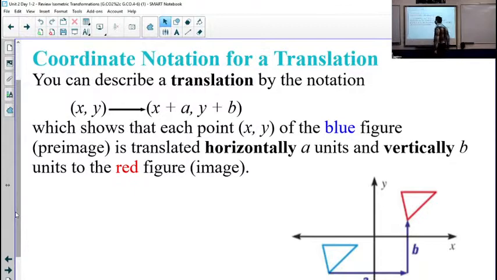So this coordinate rule is going to give directions for where x, y is going to move. If I have some point, here's what you can do to it to create the new point. And for a translation, for a shifting, the coordinate rule is going to be x plus a, y plus b.